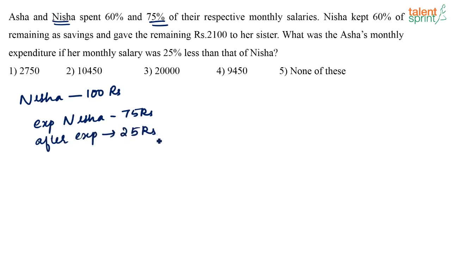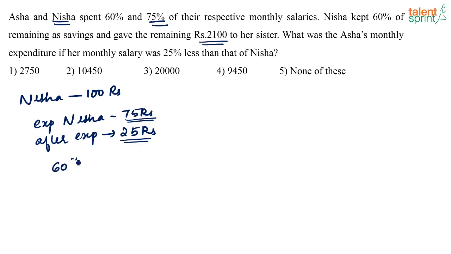Now what is she doing with this 25 rupees? Nisha kept 60% of the remaining as savings and gave the remaining 2100 to her sister. So Nisha's income is 100 rupees, out of which she is spending 75 rupees, and she has 25 rupees remaining. Out of this 25 rupees, she is saving 60%. So how much is she saving?